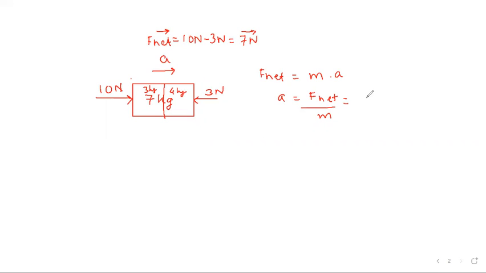So this would be 7 newtons over 7 kg. Newton is kg into meter per second square, so the kg cancels and this becomes 1 meter per second square. So this is the first answer.